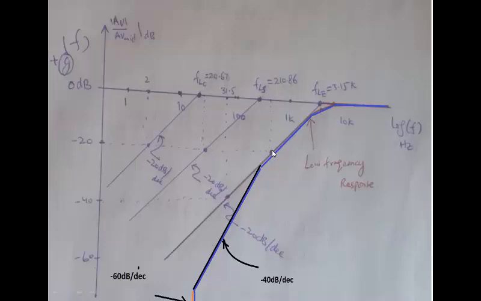As you can see, the response would arrive at minus 20 dB after 1 decade. This is 1 decade because the frequency at this point would be 10 times lower than this value. At this point the frequency is 3.15 kilohertz, and if I reduce the frequency 10 times, dividing it by 10, it becomes 315 hertz.